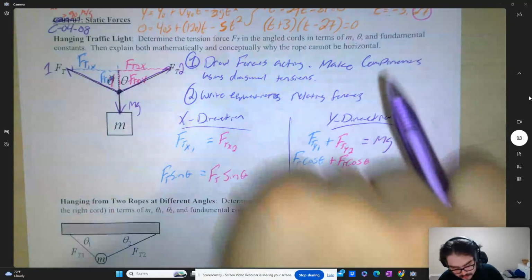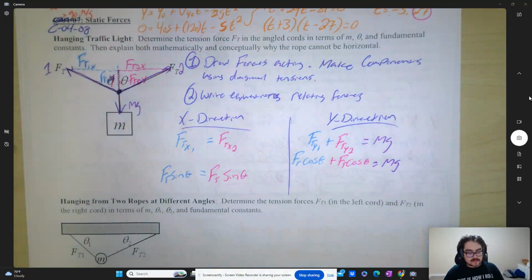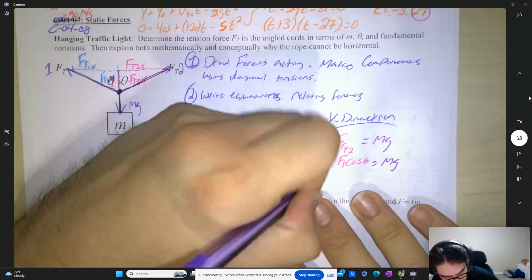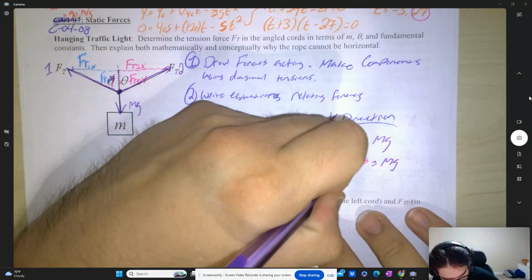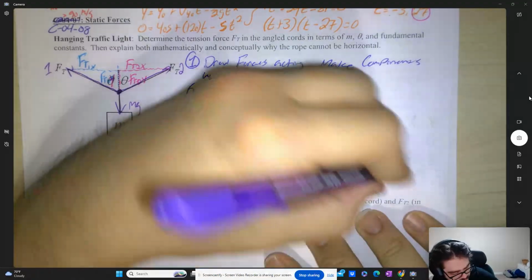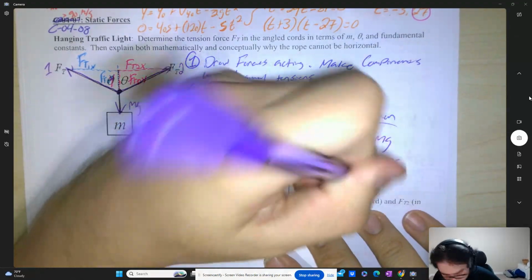The y component for the other one is also FT cosine theta, so we can set those equal to mg. And you can see that this becomes a simpler equation: 2 FT cosine theta equals mg.